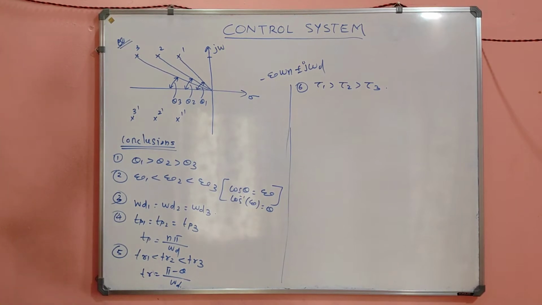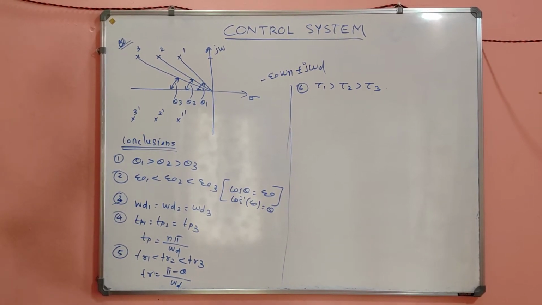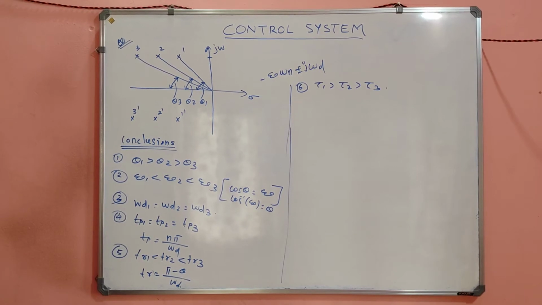How that happens, my dear? Tau is nothing but the time constant. How will it be increasing?